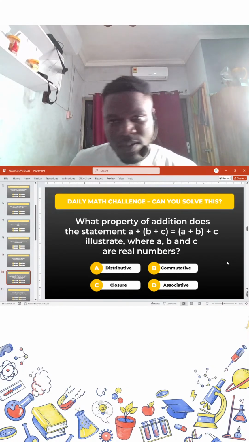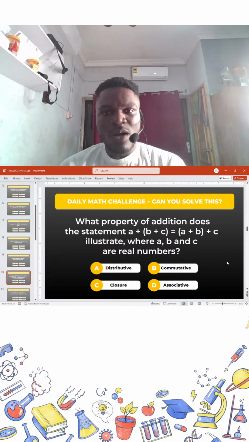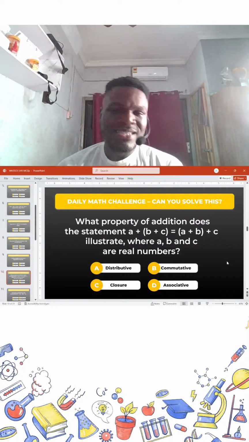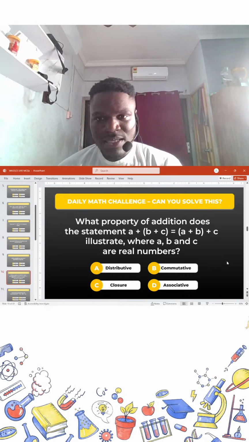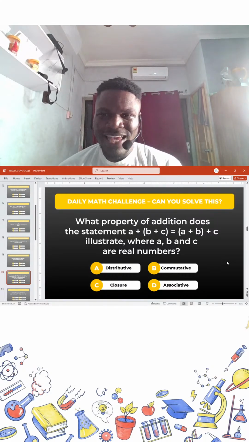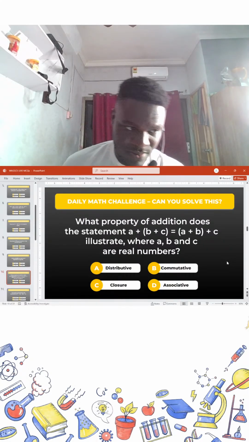All right, let's look at the next question. What property of addition does the statement A plus (B plus C) is equal to (A plus B) plus C illustrate, where A, B, and C are real numbers?